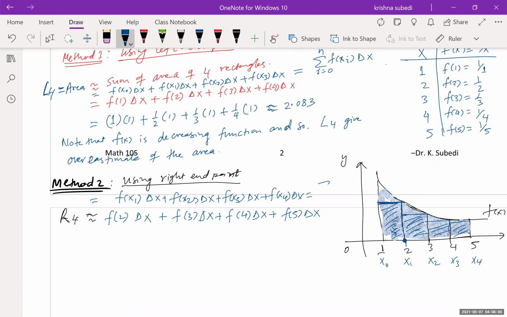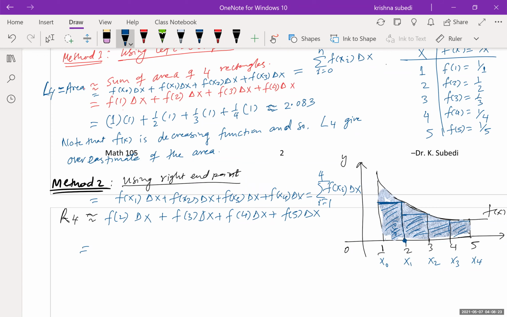Or if you want to use the summation sign, you can write i runs from 1 to 4 of f of xi delta x. You can write it that way too if you like.